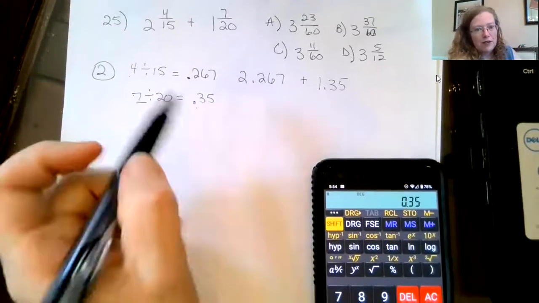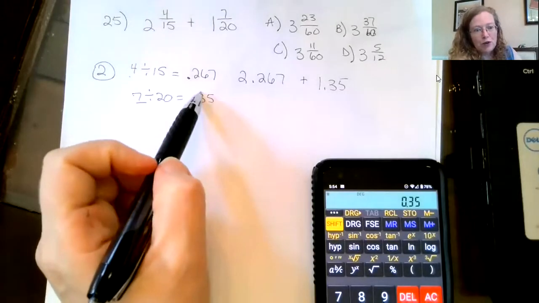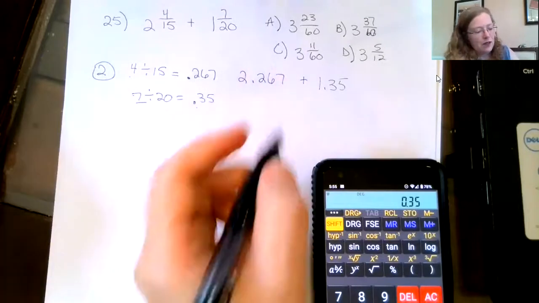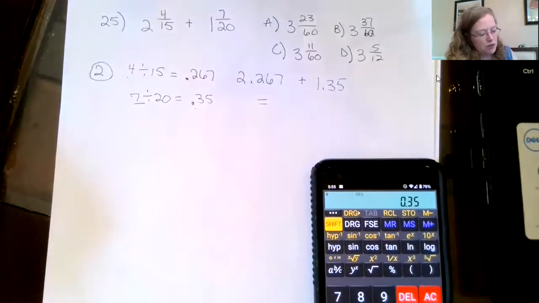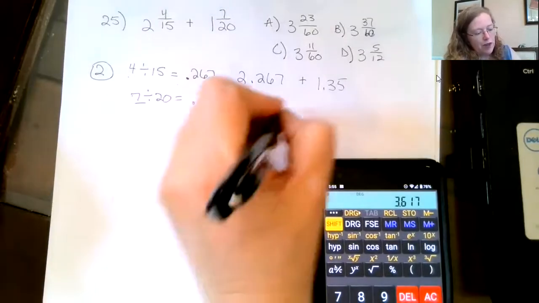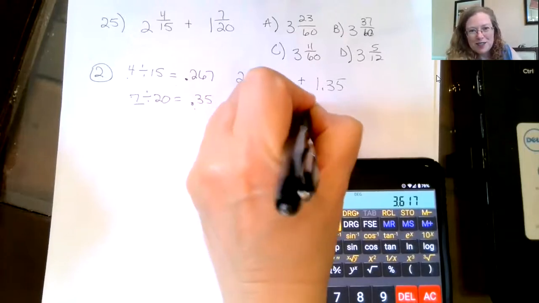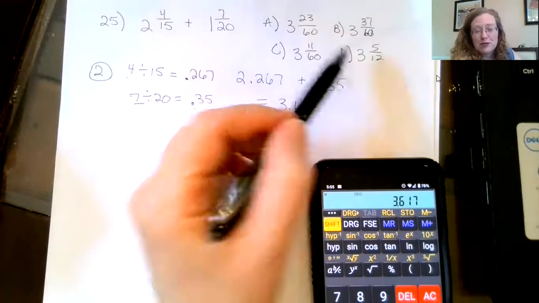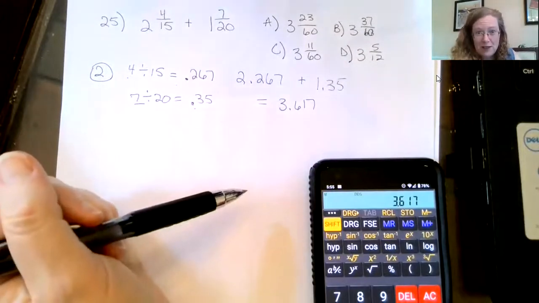I'm putting together the fractions in decimal form and adding them to the whole numbers. This equals 2.267 plus 1.35. We've got 3.617. Okay.